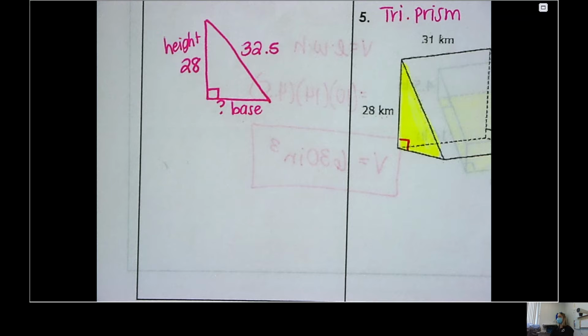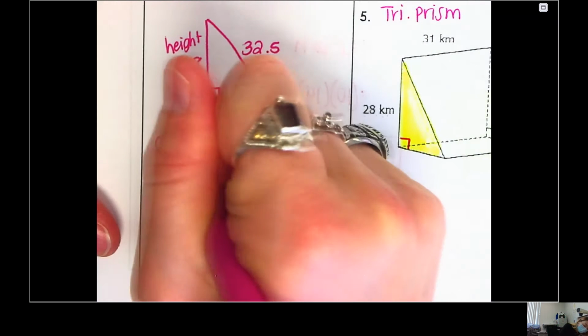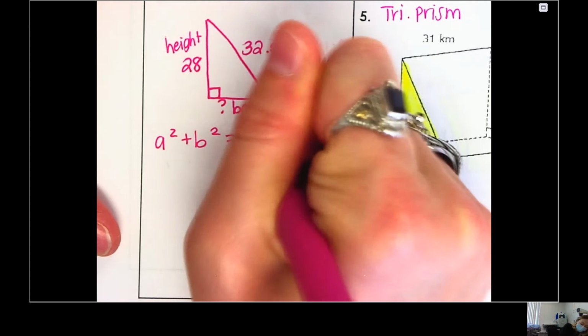It's called the Pythagorean Theorem. Do you remember what that is? A squared plus B squared equals C squared. Is that ringing a bell? Lie to me. Say yes. Yeah. Okay, great. Good. A squared plus B squared equals C squared.